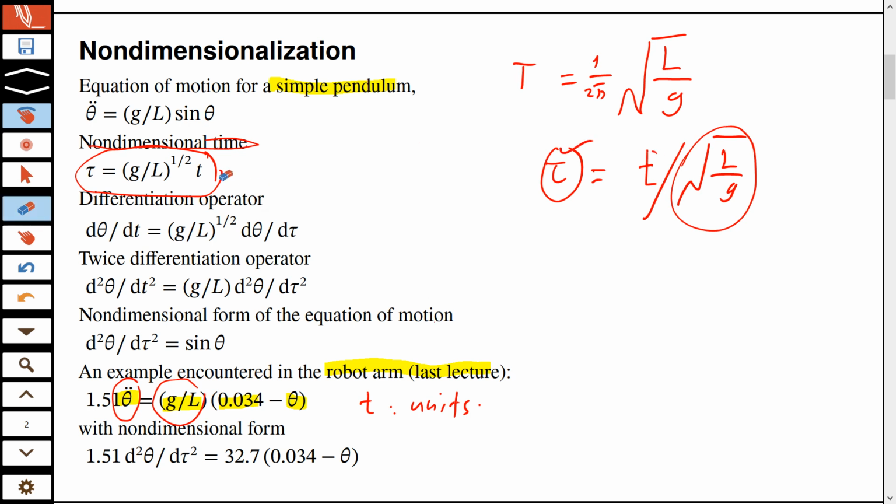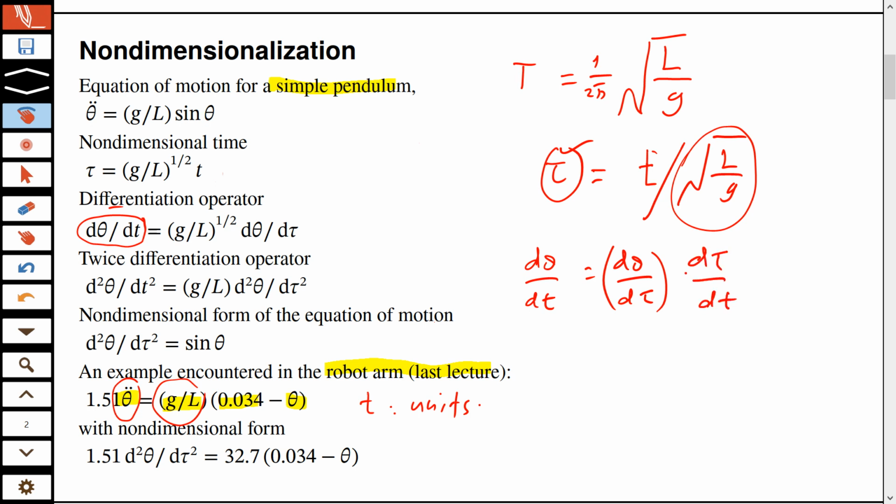Now, how will the differentiation change? If I differentiate theta with respect to time, t has units now, so I'll simply apply the chain rule. d theta over dt is d theta over d tau times d tau over dt.